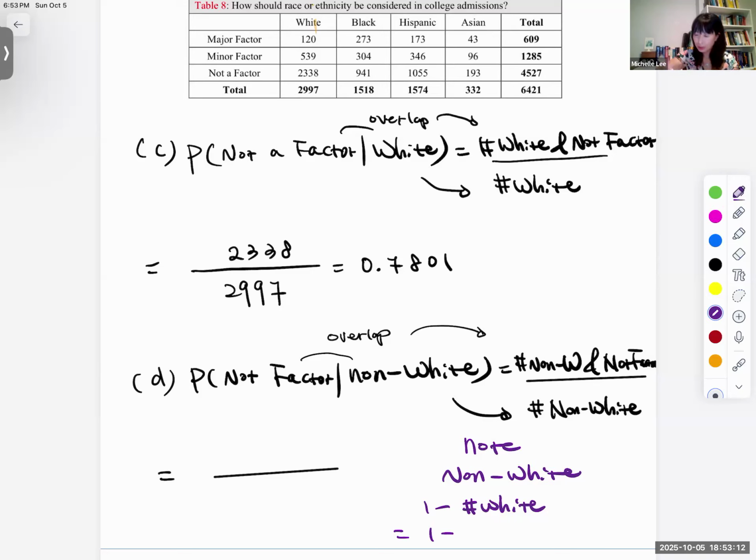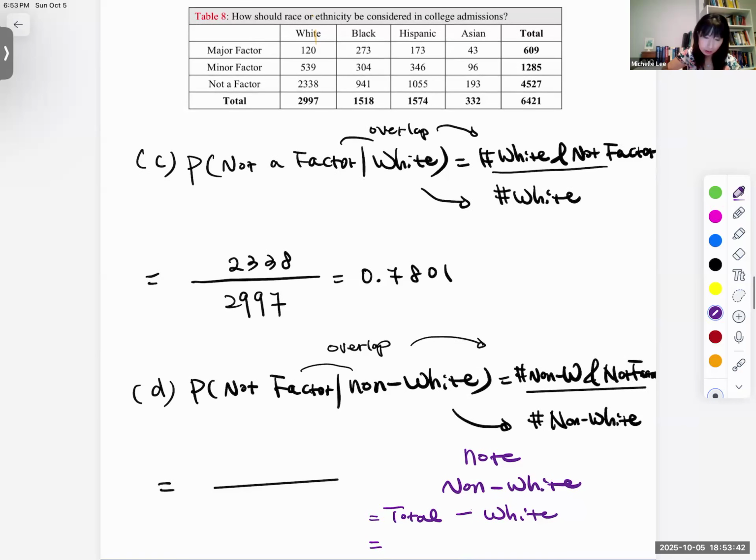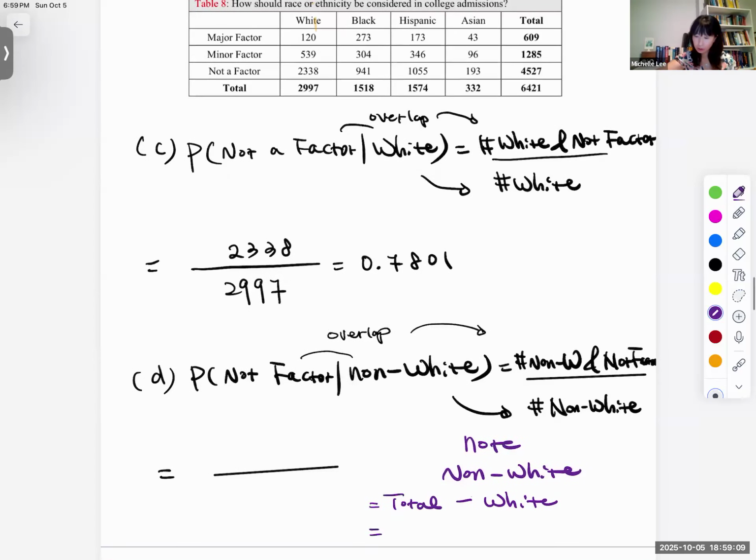We're not doing probability, so we take the total minus white, then we get non-white. Make sense? Okay. So total we have 6,000. I'm reading that column. Okay, so you can see here.